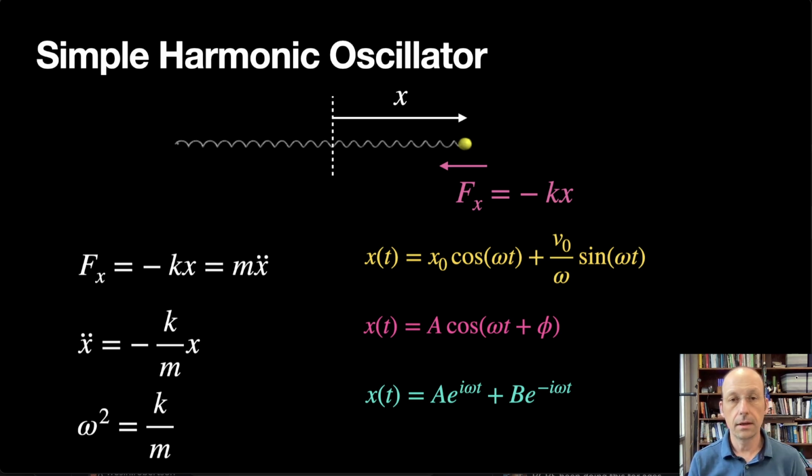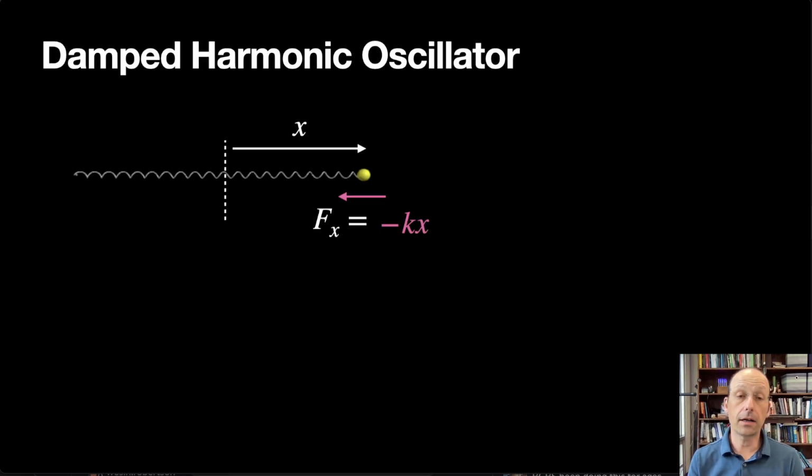Okay. Now we have the damped harmonic oscillator. So here's the same harmonic oscillator, but now imagine there's a drag force proportional to the velocity, which would be x dot. So b is the drag parameter, in newton-seconds per meter, so force divided by velocity.